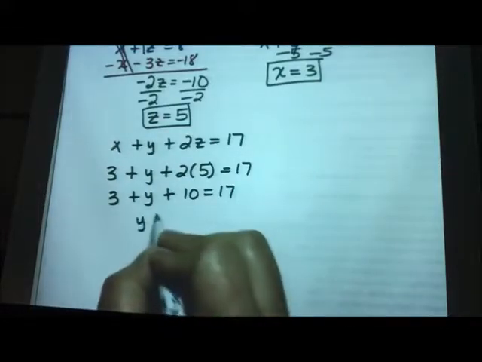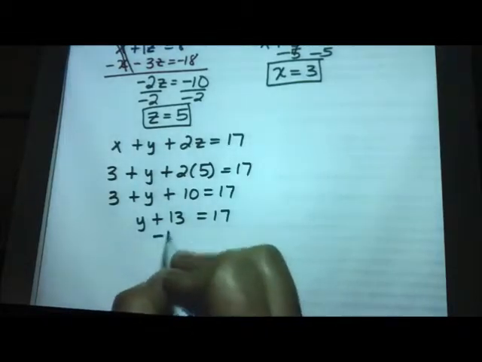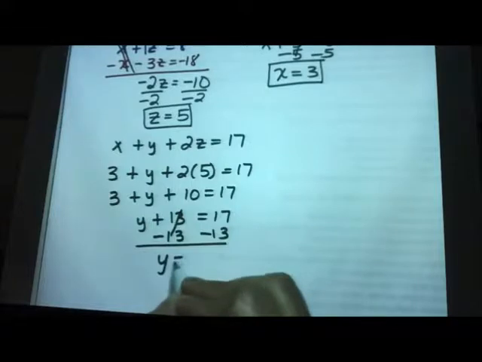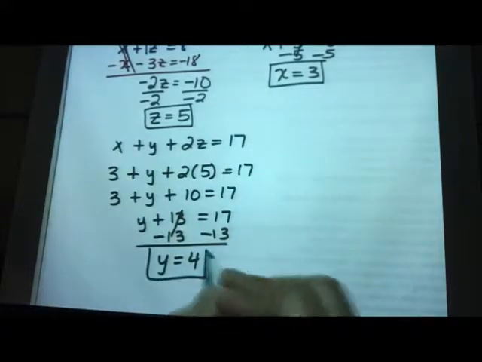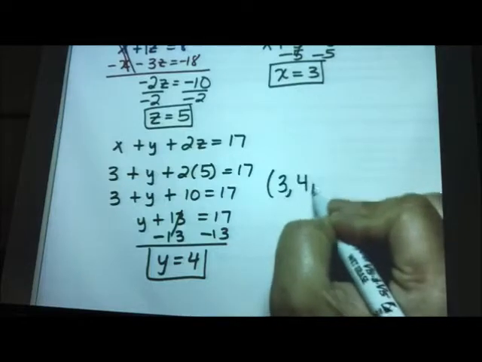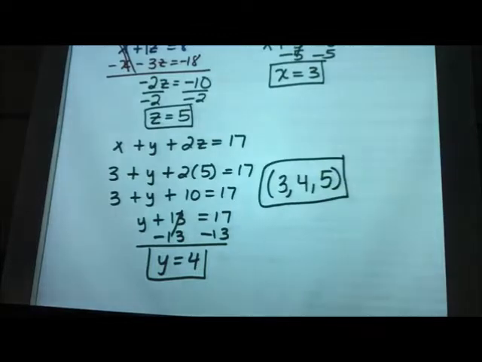So this becomes y plus 13 equals 17. We subtract 13, subtract 13, y equals 4. So my point here, 3, 4, and 5, that would be the solution to this system.